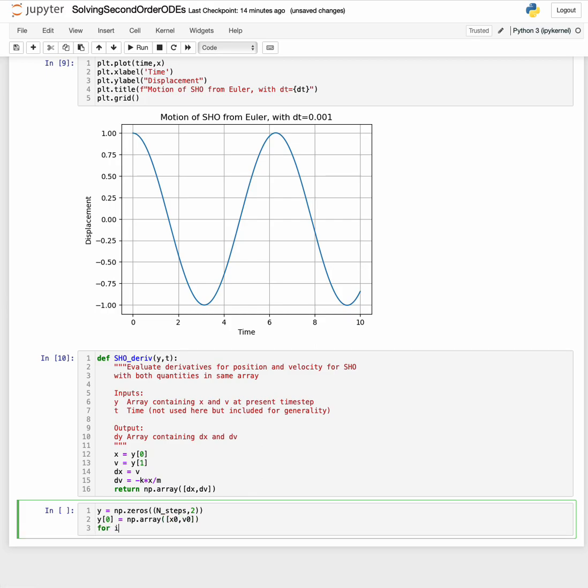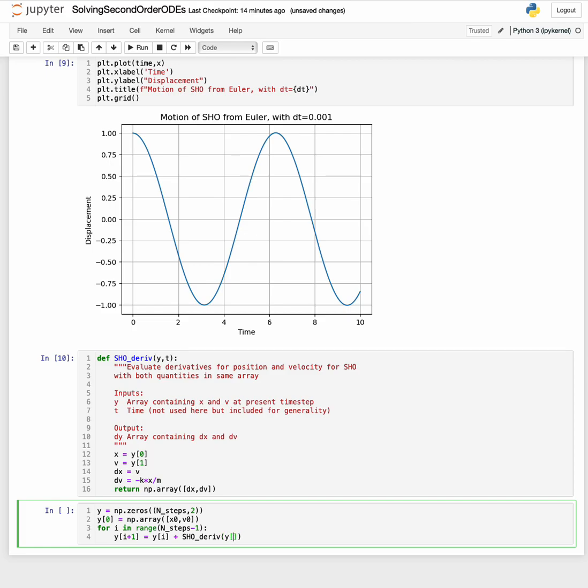And now I'm going to iterate just as before for i in range of n steps minus 1. And I'm going to say that y of i plus 1, oops, let's take that equal sign out, is equal to y of i plus the simple harmonic derivative of y of i, comma, time of i, and I'm going to multiply that by dt.